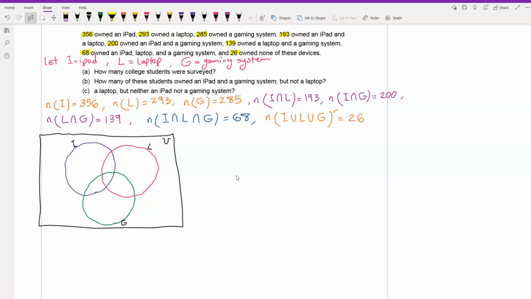So before working on these part A, B, and C, first I'm going to find all the numbers that we have in these three circles and what we have outside these three groups. So starting with what we have in common between all these three groups, we have 68.